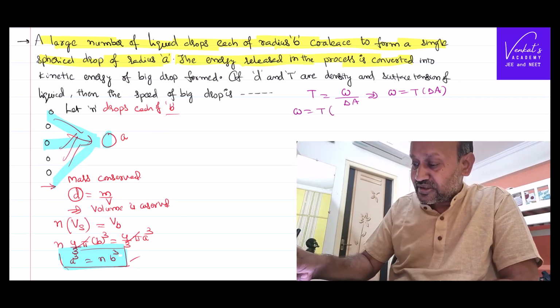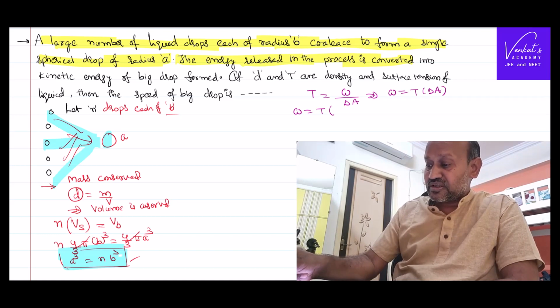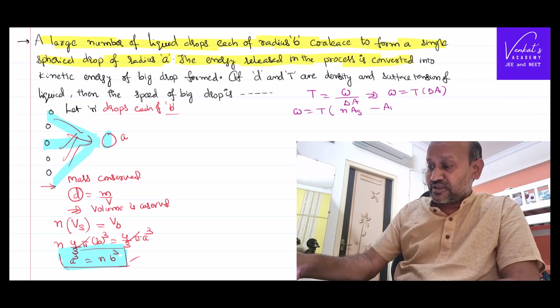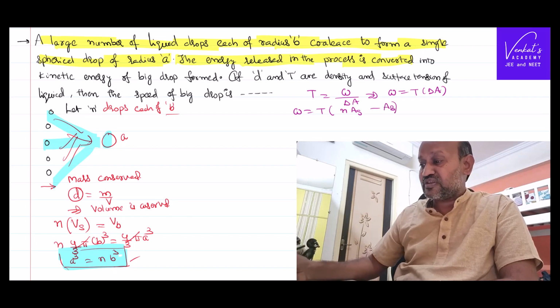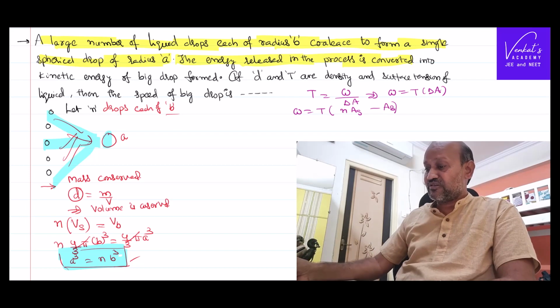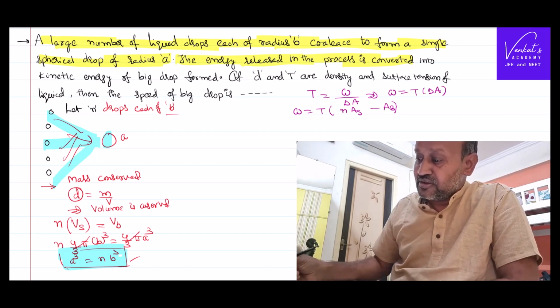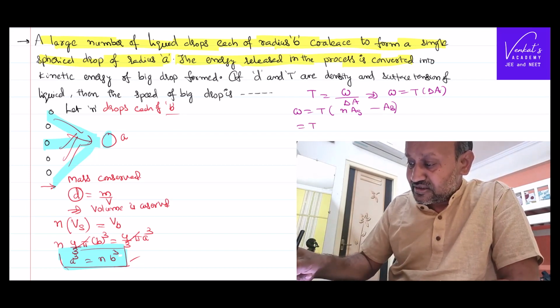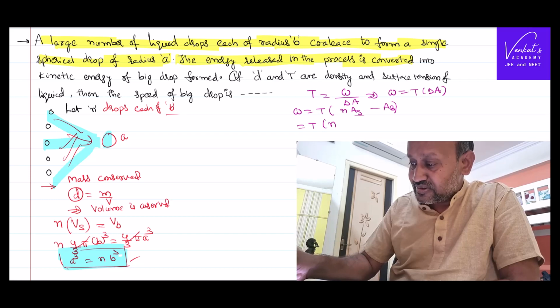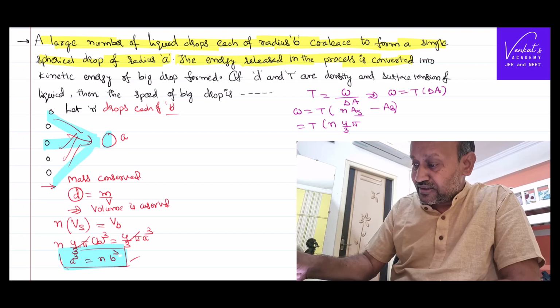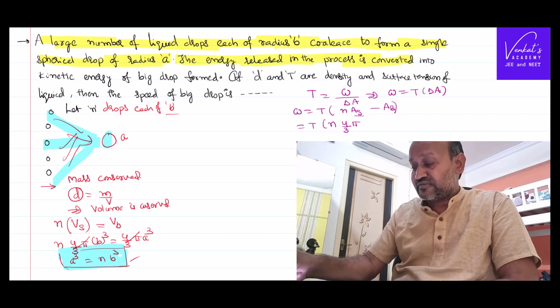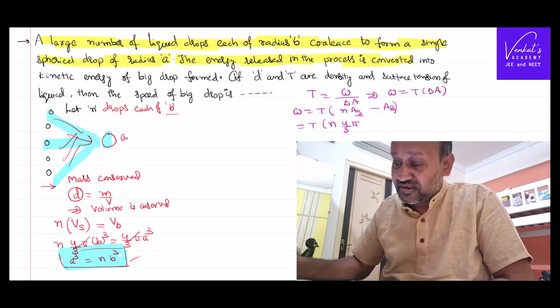Change in the area means the small drops together will have a bigger area than the big drop. So n into the area of the small drops minus the area of the big drop is the work done equation. So how much is that? That is T into n into, being a spherical drop, 4 by 3 pi, sorry, 4 pi r square is the area of the surface.